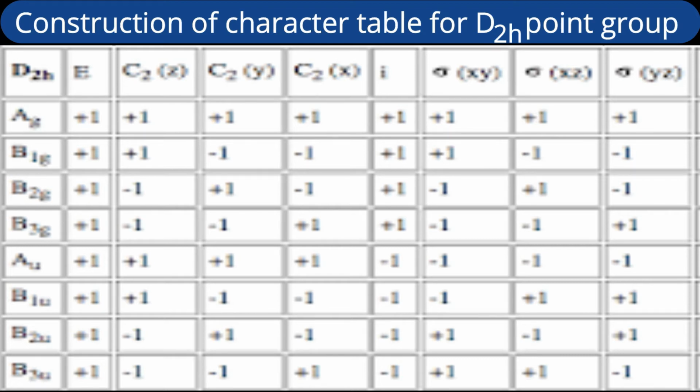Therefore, we are using B1 and g for symmetric about center of inversion. Third irreducible representation, dimension is 1, so A or B. Antisymmetric. Why? Because for 2 C2 axes it is antisymmetric. Therefore, the symbol should be B. And for the second plane, that's the sigma xz plane, it is symmetric. Therefore, the symbol is B2. And why g? Because it is symmetric with respect to center of inversion.